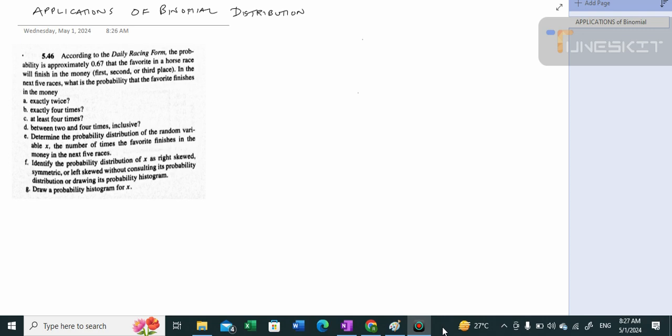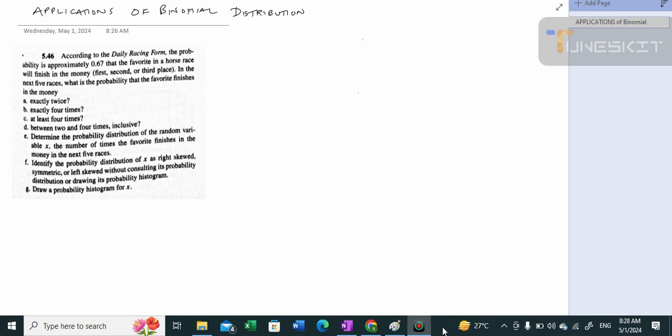According to Daily Racing Form, the probability is approximately 0.67 that the favorite in a horse race will finish in the money, that is first, second or third place, that is, that particular horse wins the prize. In the next five races, what is the probability that the favorite finishes in the money?